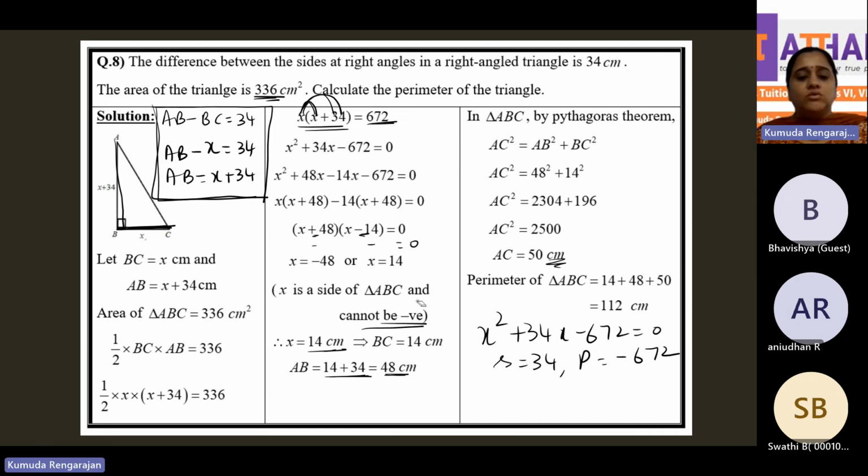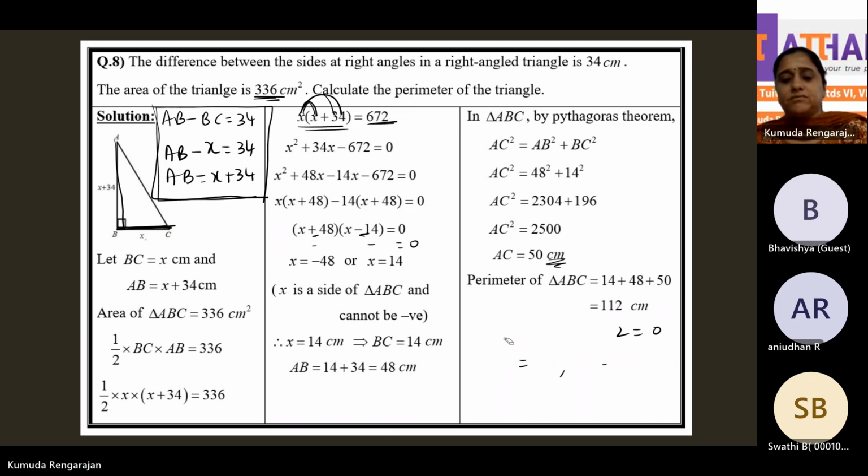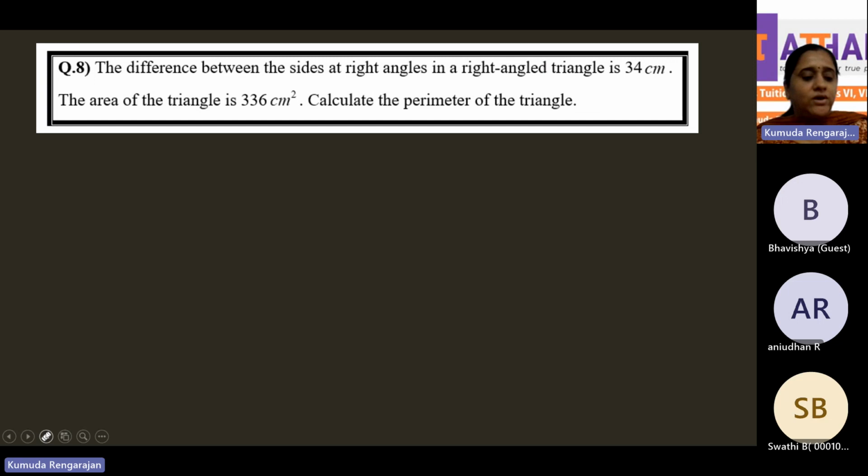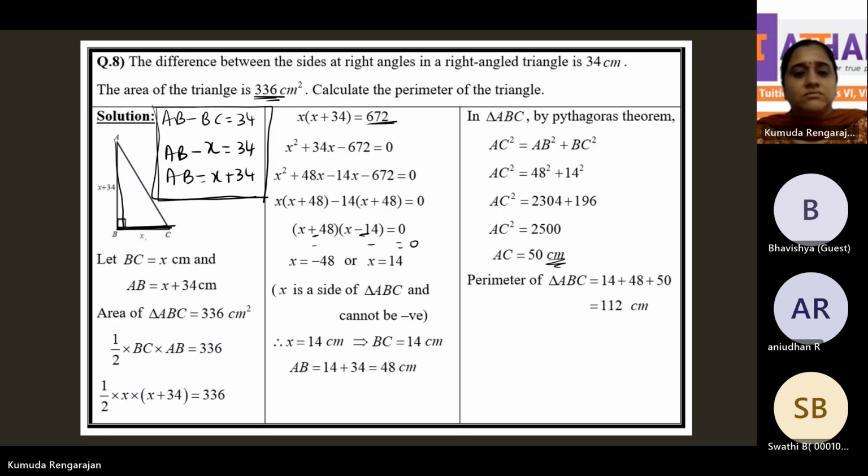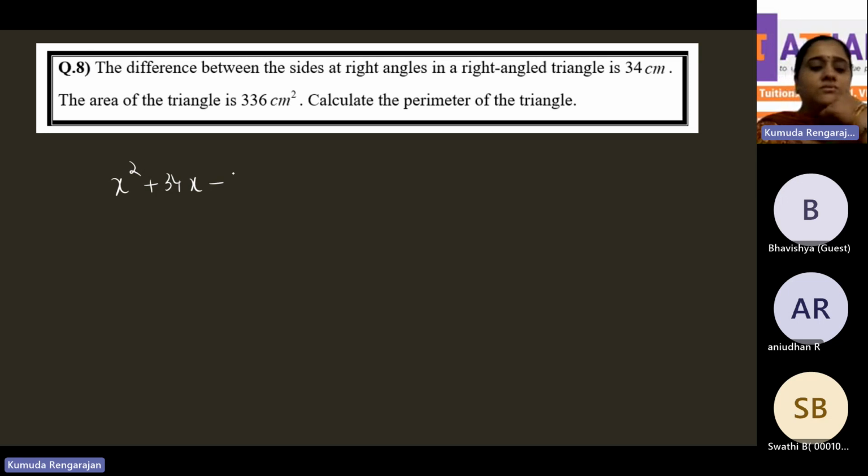Now let's recall how to split the middle term. See here. X squared plus 34X minus 672 is equal to 0.